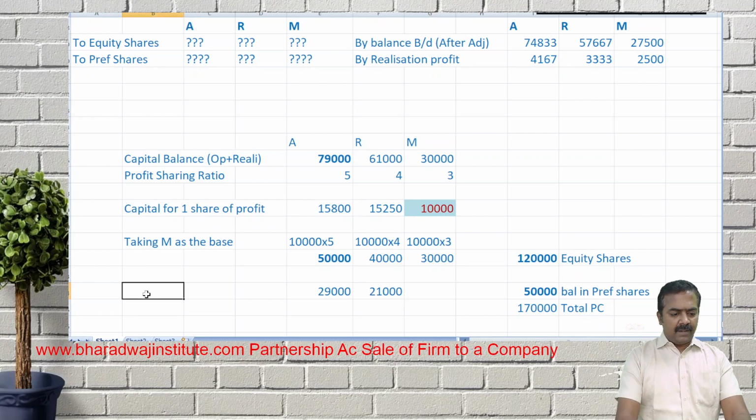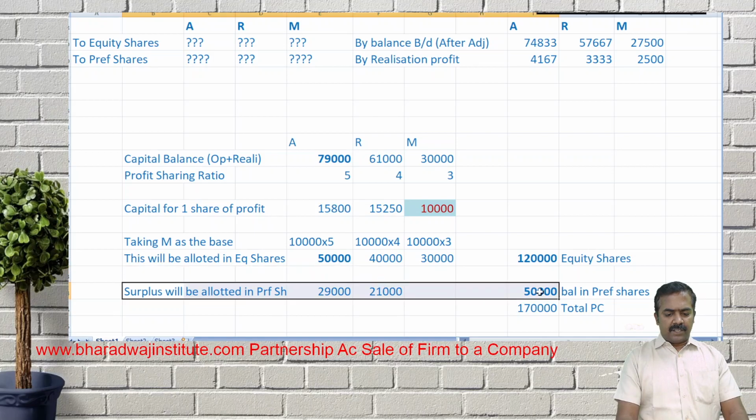So this will be okay. Surplus will be allotted in which shares? Preference shares.